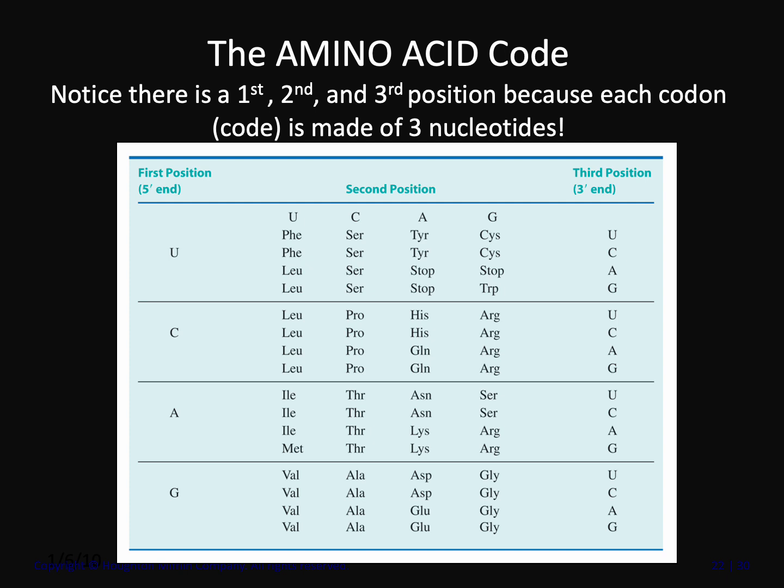Like you'll see here that the first position U followed by the second position U followed by the third position A, UUA codes for leucine, and also UUG codes for leucine. And all these other things down here code for leucine as well. So it's a degenerate code because more than one codon can code for an amino acid. But notice here, though, that you do have a first, second, and third position here because codons are composed of 3 nucleotides.